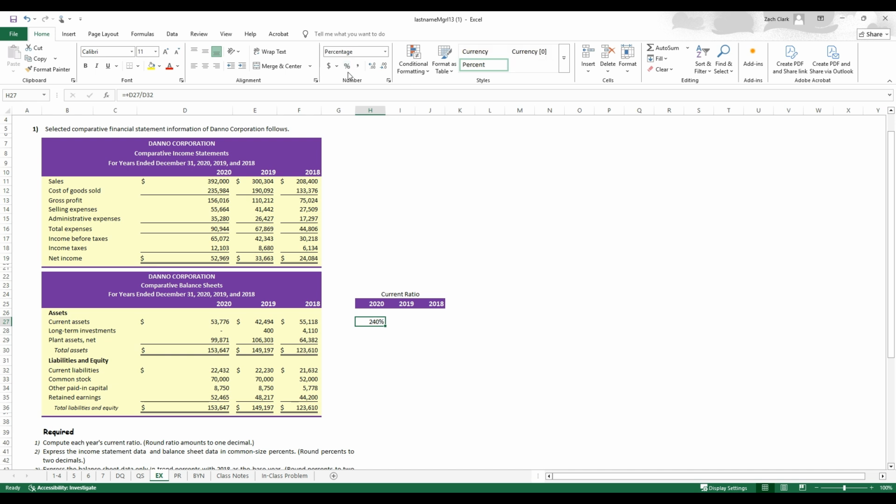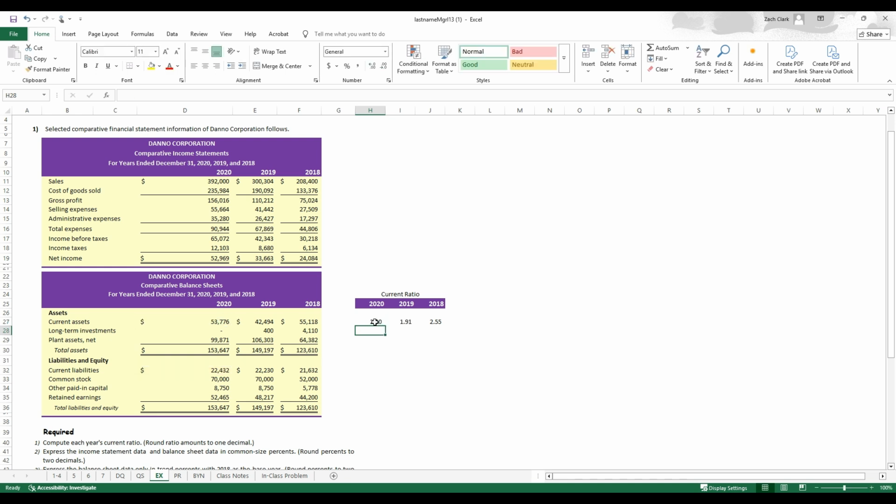When calculating this, we can do a percentage, but on this one I think a decimal is sometimes better. Either one is essentially the same information, but at least in my brain, the decimal is a little easier to compute and translate into the fact that current assets is 2.4 times larger than current liabilities.